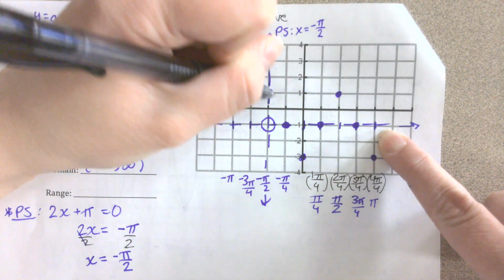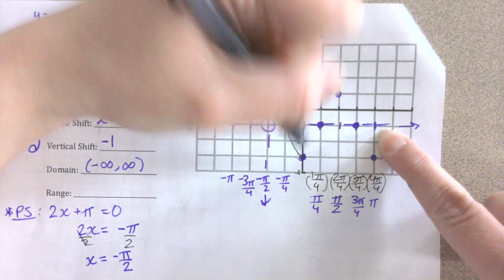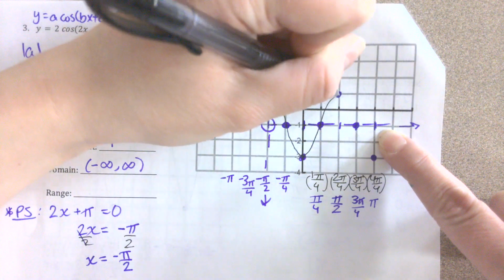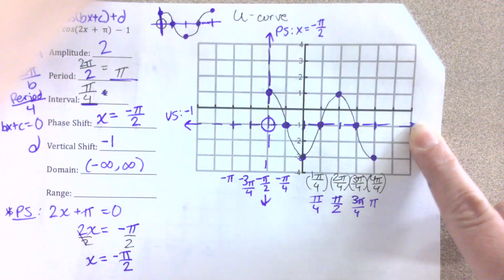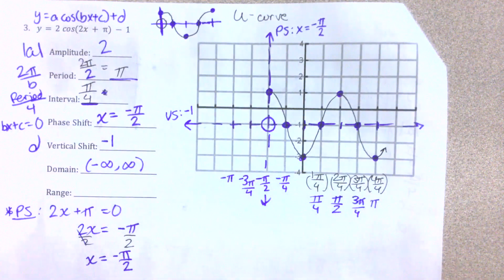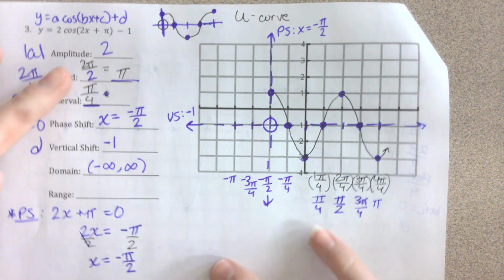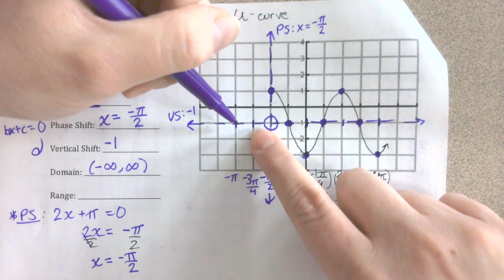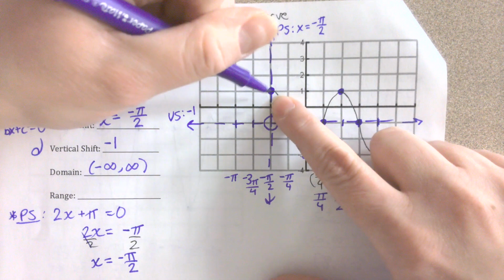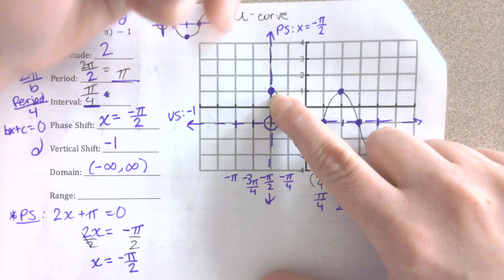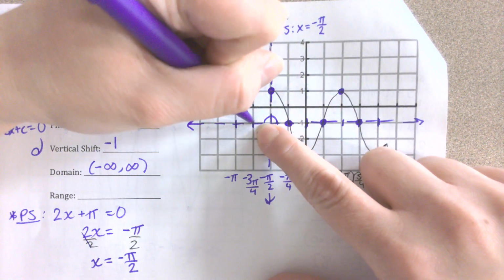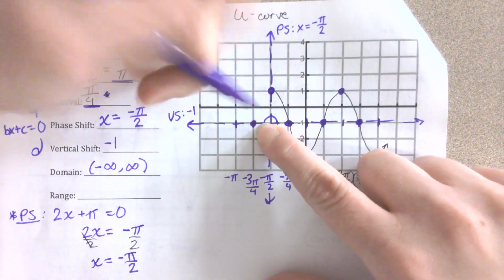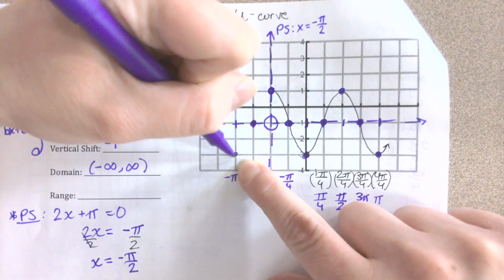I'll draw the curve I have so far. And if this were to continue, it would go back up. We're almost done with this graph. We just got to go 2 more to the left to complete it. We're at the maximum, so the only choice we have is to go down. We'll go down, make a pit stop at the midline first, and then down again to the minimum.